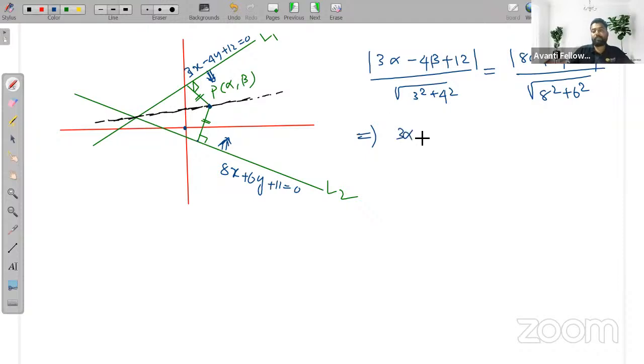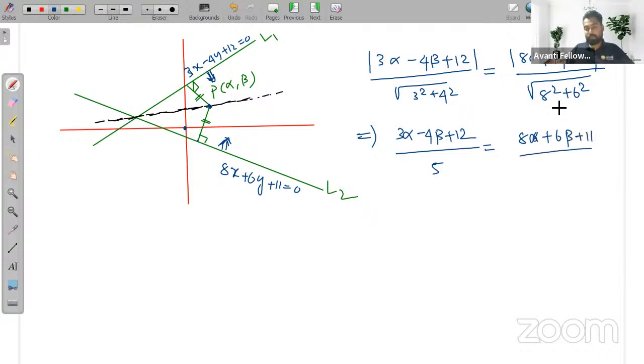So if I simplify, 3 alpha minus 4 beta plus 12 upon root of 3 square is 9, 4 square is 16. 16 plus 9 is 25, and root is 5, which is equal to 8 alpha plus 6 beta plus 11 upon 64 plus 36. 64 plus 36 is 100, that is 10.